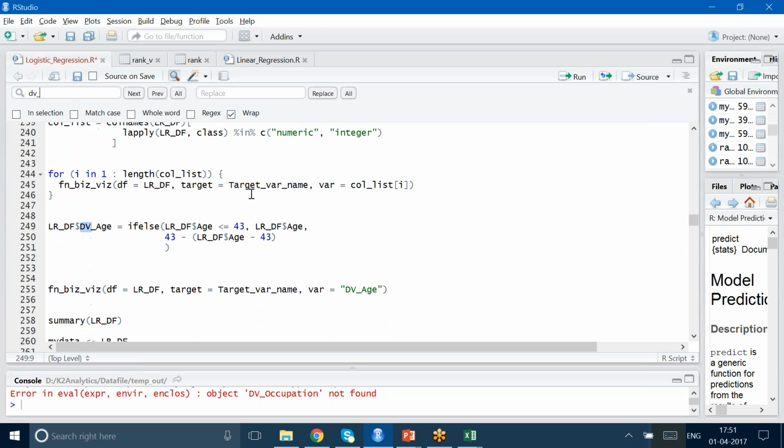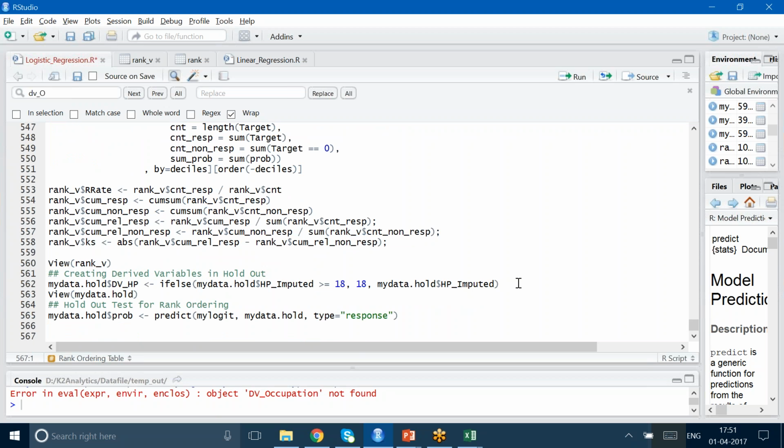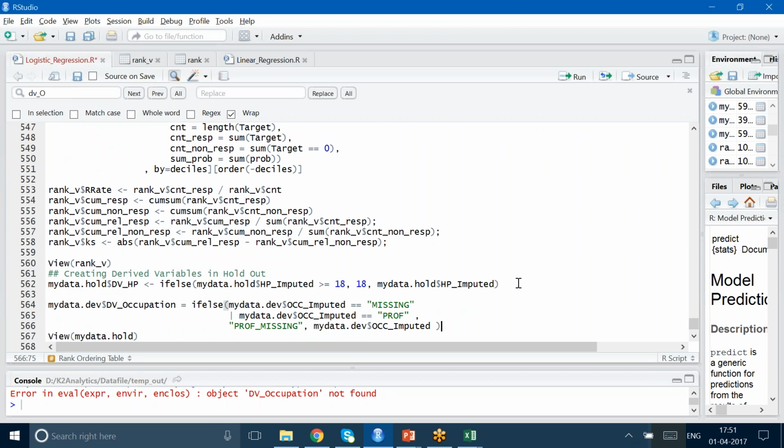Okay, this was the logic. So I have to take this code down. I have to create this variable also. So Control C. Anything else?